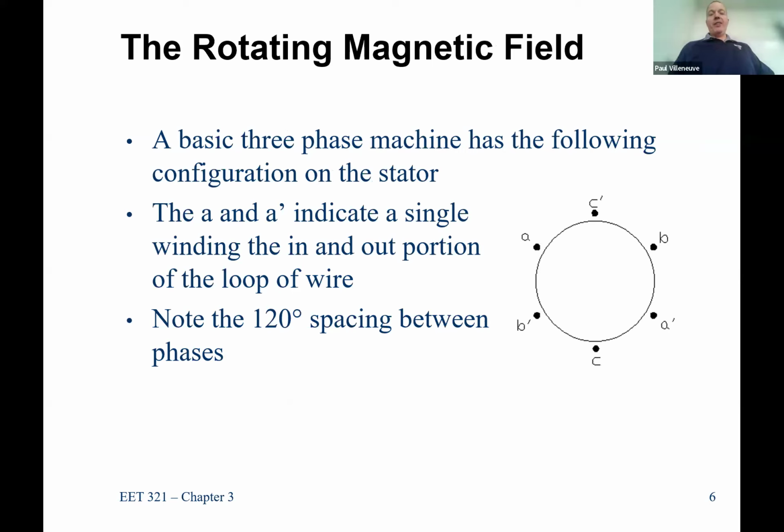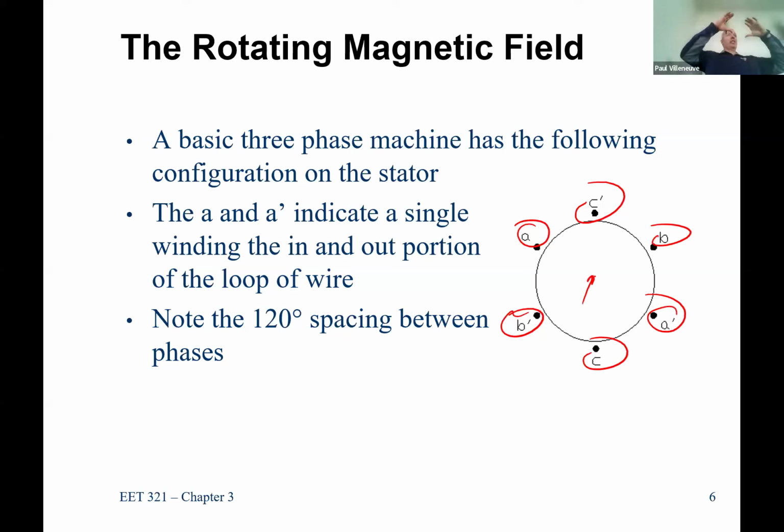And we're going to create this by locating 3 coils of wire, A and A prime, B and B prime, and C and C prime. They're located on the perimeter of our motor. So the motor, if you can understand, is going into the page. So you're looking at the end of the motor, and then you see the 3 windings for current to go through.